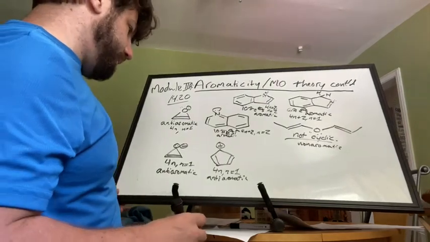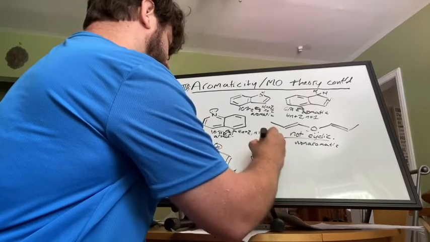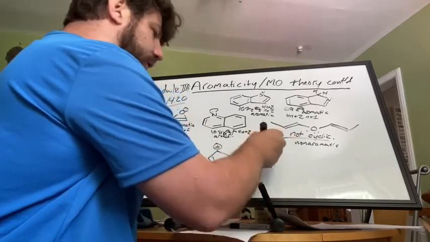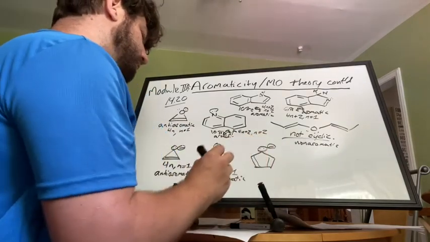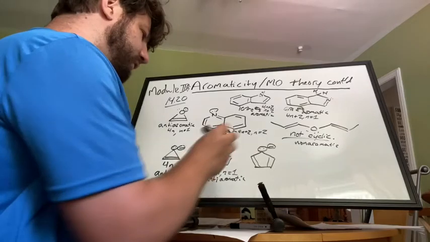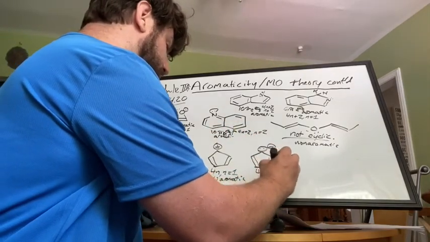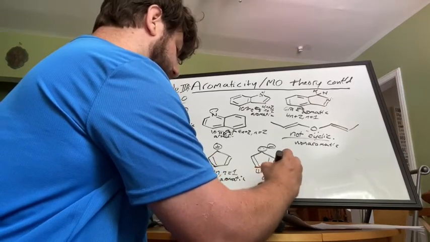And then, as shown before, this can resonate with these pi bonds, this lone pair that I'm referring to above, so it's going to be 4n plus 2, n equals 1, aromatic.